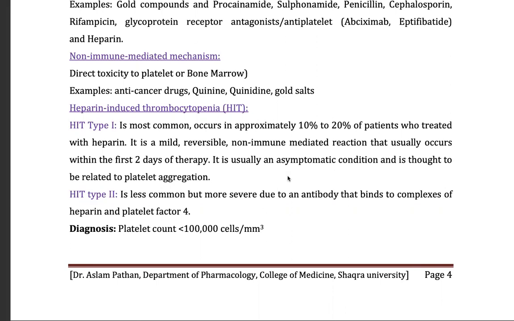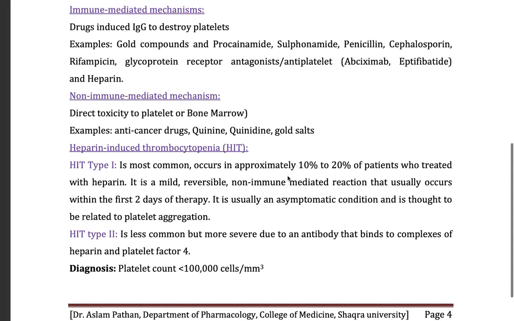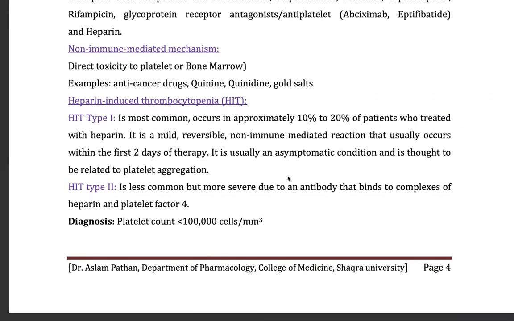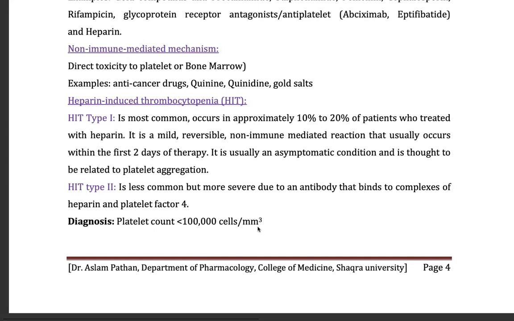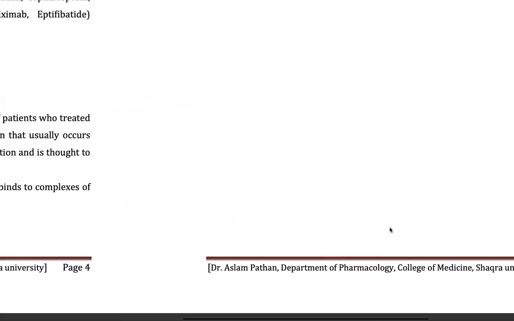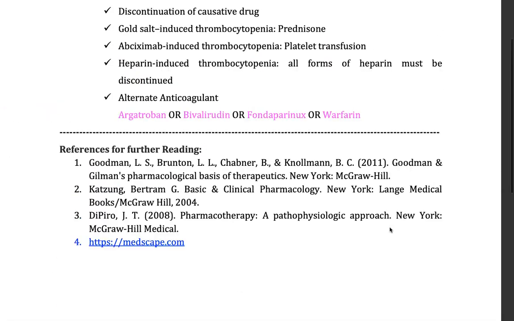It is an immunological response, and it may lead to severe reactions with a decrease in the platelet count. What is the diagnosis? If the platelet count is less than 100,000 cells per cubic millimeter on a complete blood count, that will be the diagnosis.